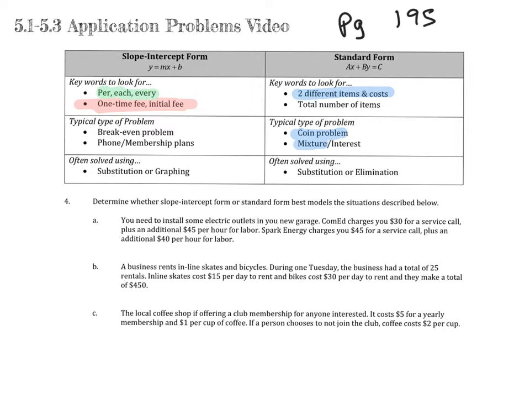Spark Energy charges you $45 for a service call plus an additional $40 per hour. Well, a couple things I'm noticing. Those are my slopes. And the $30 for a call, $45 for a call, those are like the starting amounts, the initial fee. So for this one, especially that keyword per there, these are going to be slope-intercept, y equals mx plus b. We don't have to write the equations this time, we'll get to that.